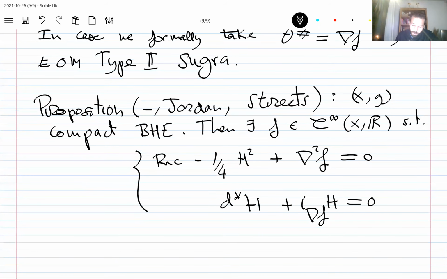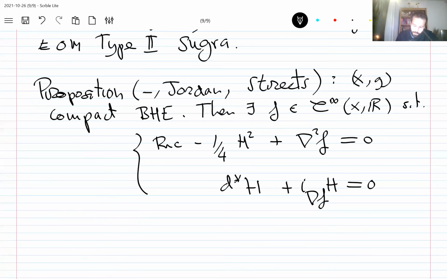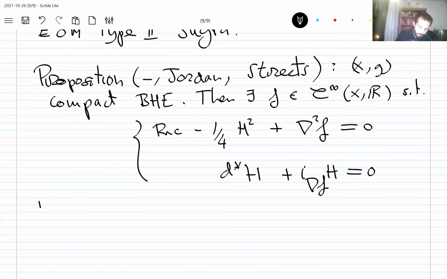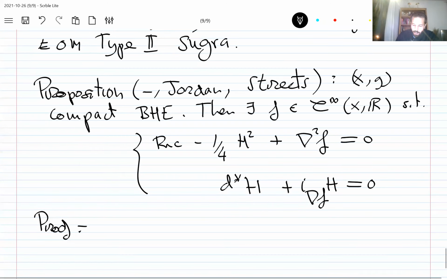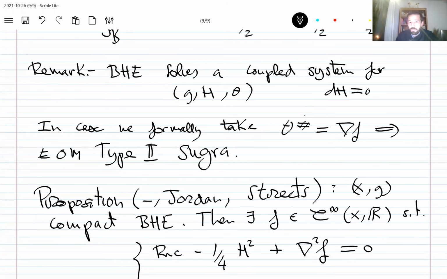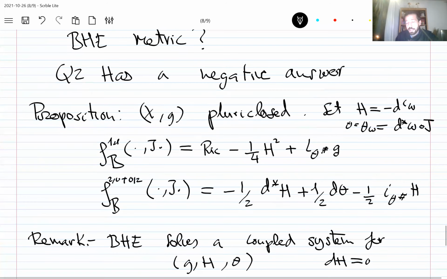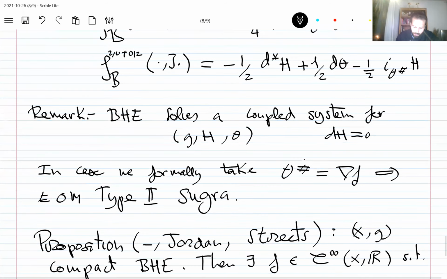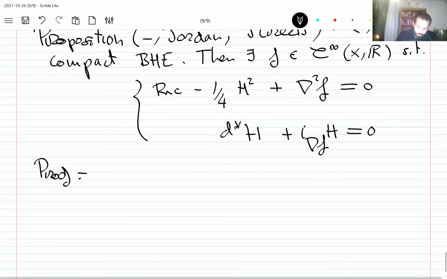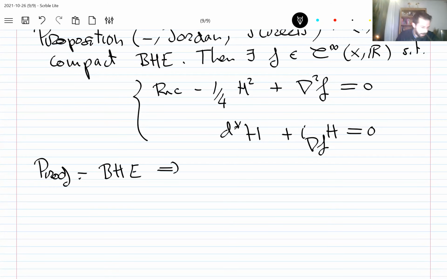And this is a very nice result. The proof uses some of the tools which appeared last year in our seminar. It has to do with the fact that a Bismut Hermite-Einstein metric, due to this formula for the Bismut-Ricci form, is a steady generalized Ricci soliton. So Bismut Hermite-Einstein implies a steady generalized Ricci soliton.